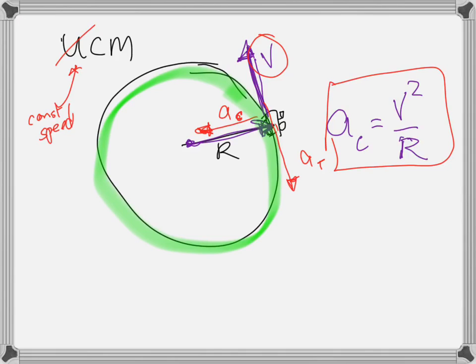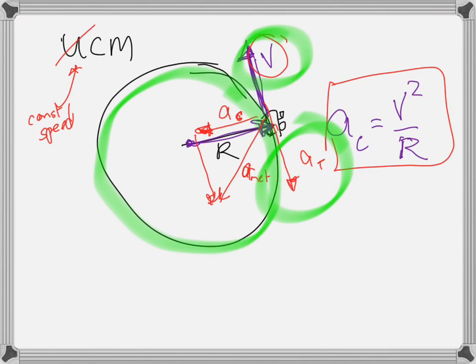The net acceleration is a sub c plus a sub t, right? Those are the two components. So the net acceleration of the two components drawn, we could add them together, head to tail. So there's a net acceleration, which is no longer towards the center, the total acceleration. And by the way, what would this acceleration imply about this velocity?